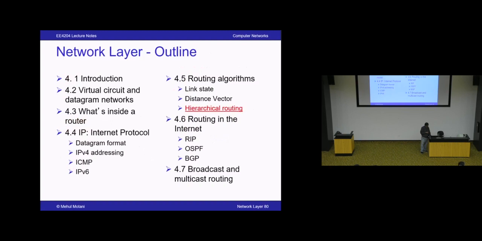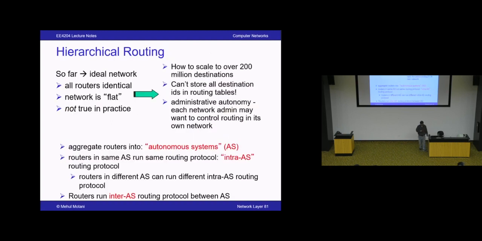There are these two approaches. One requires a lot of information, and one requires much less information. The question is, when are they used? If you're in a small network, link state is not too bad.